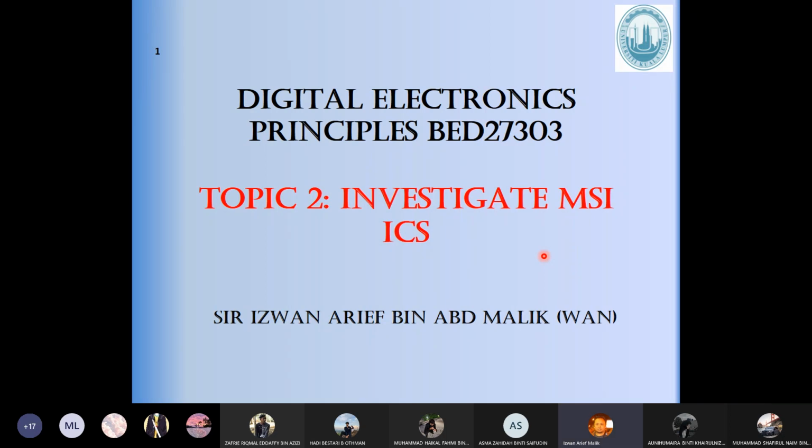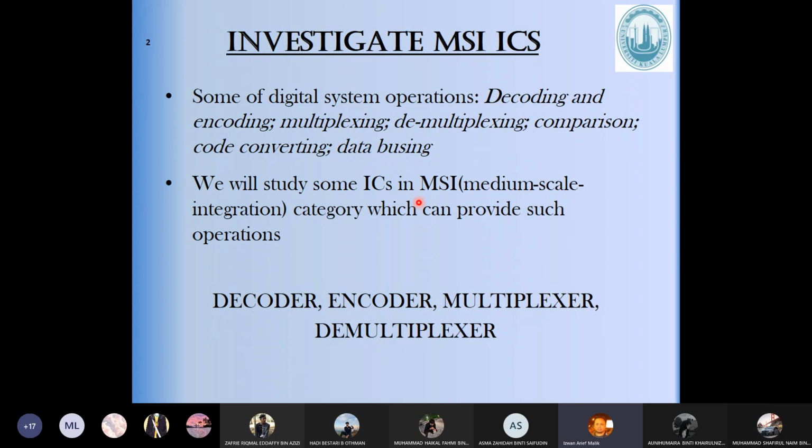Okay, so we will be focusing on 4 main MSI ICs, which is the decoder, okay, the decoding and encoding, so decoder and encoder, multiplexer and demultiplexer for multiplexing and demultiplexing. Okay, so for code converting, data busing and comparison ni kita tak ada tengok sangat, kita just tengok these 4 IC sahaja.